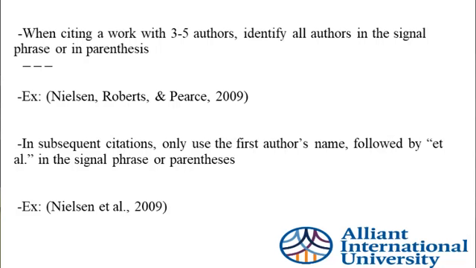The first time, you will list all 3 authors in that parenthetical reference. In the following citations, you'll list it as Nielsen et al. to indicate that it came from the previous statement by the study Nielsen, Roberts, and Pierce. By having et al., it just tells the reader, oh, this is that same study. It just didn't need to list all 3 authors again.